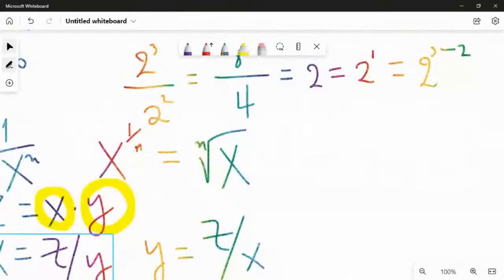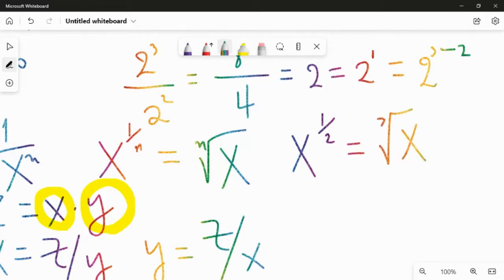Suppose we have x raised to half, that's square root of x.